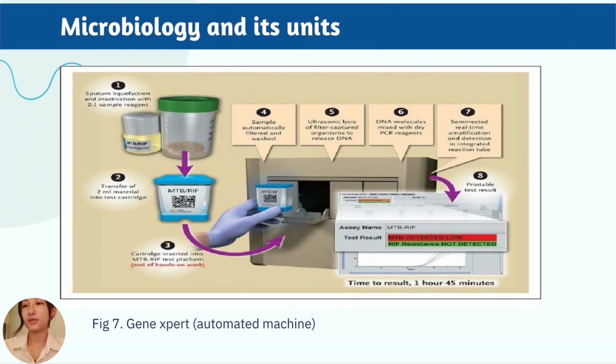For this they will use the sputum for checking RIF testing and transfer it, and after that they insert it into the MTB/RIF test platform, and after that they use ultrasonic lysis, then the DNA molecules mix with dry PCR reagent, and after that they run it, and the result will be given by the machine.